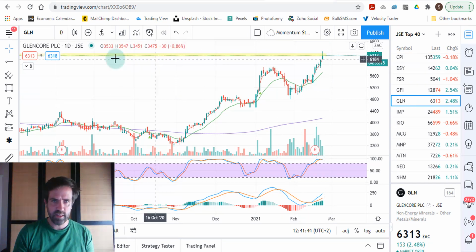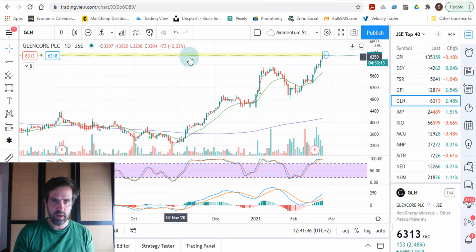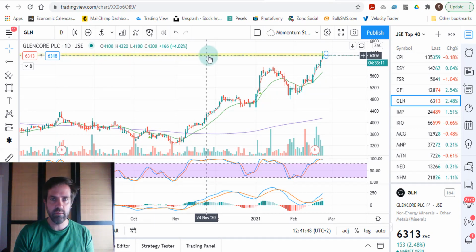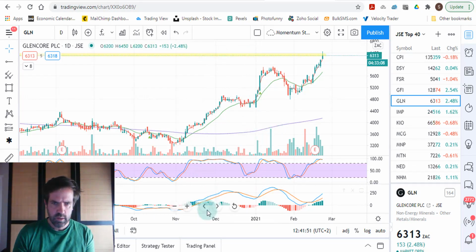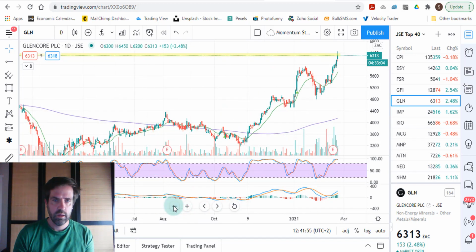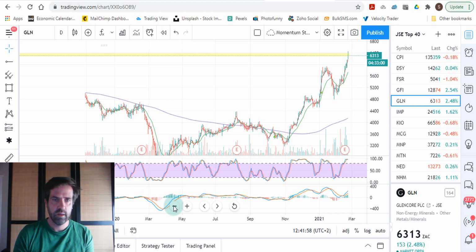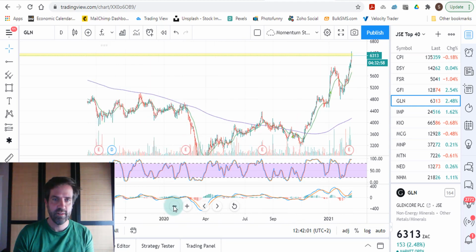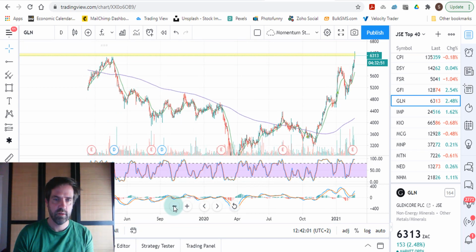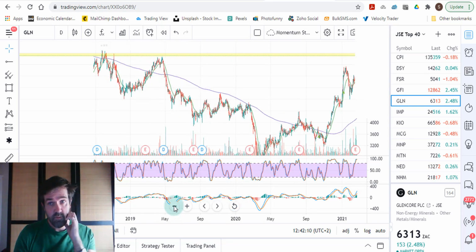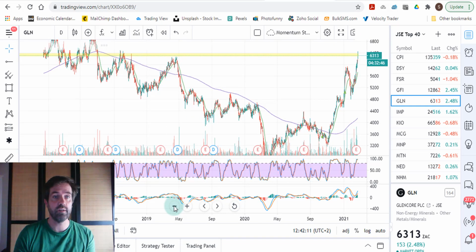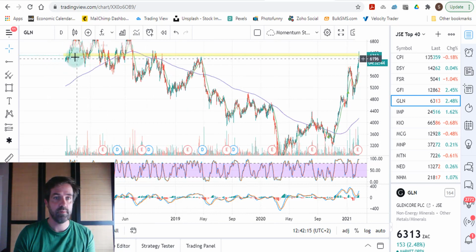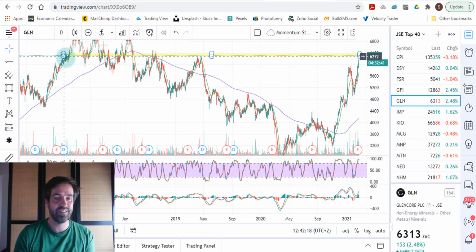You can't really see that this is a resistance level just by looking at this part of the chart, but if you zoom out, you can see that many moons ago, this was quite a significant level, and this dates back all the way to 2017.